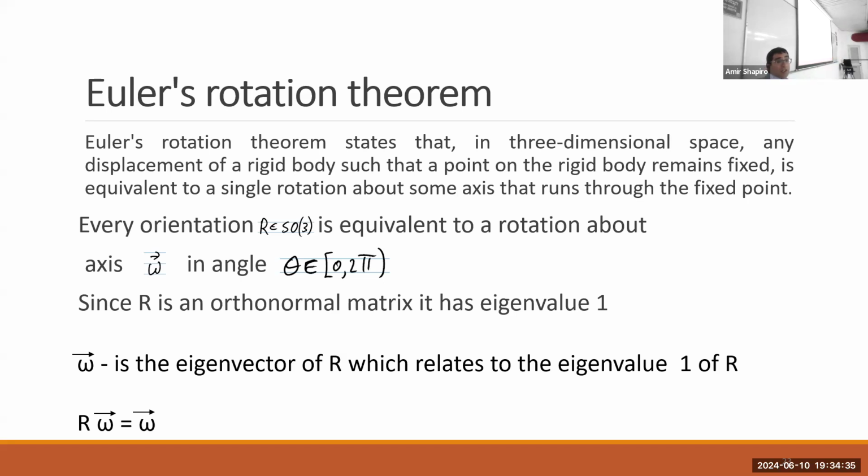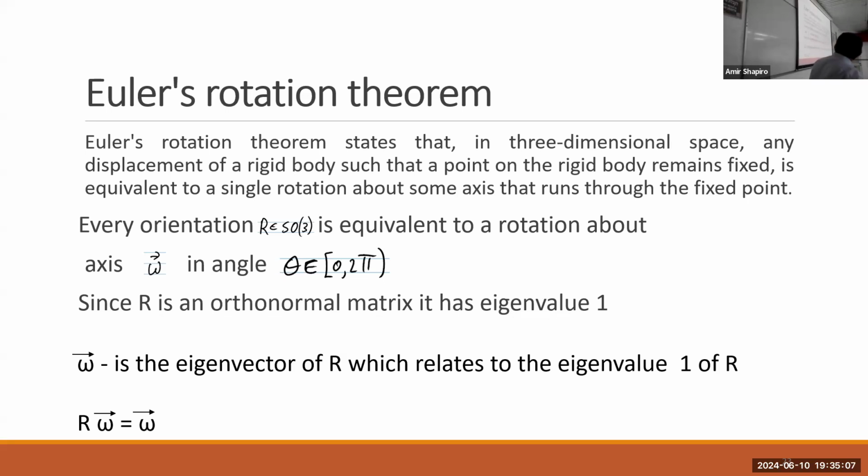So every rotation matrix R is equivalent to a single rotation about an axis omega by an angle theta. So only one rotation can represent any rotation matrix. Since R is an orthogonal matrix, it has eigenvalue 1.